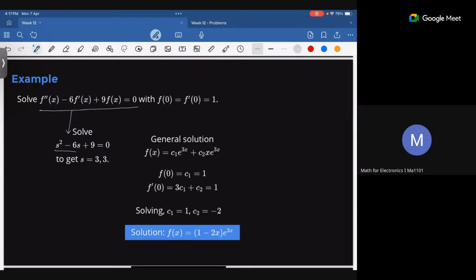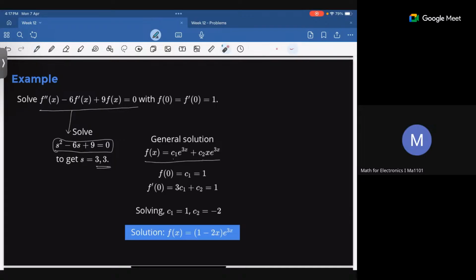If you look at it carefully, the roots of this quadratic equation will be 3 and 3, so it has only one real root, which is repeated twice. Then your general form will look like this: C1 e power 3x plus C2 x into e power 3x. Now we have to find C1 and C2.